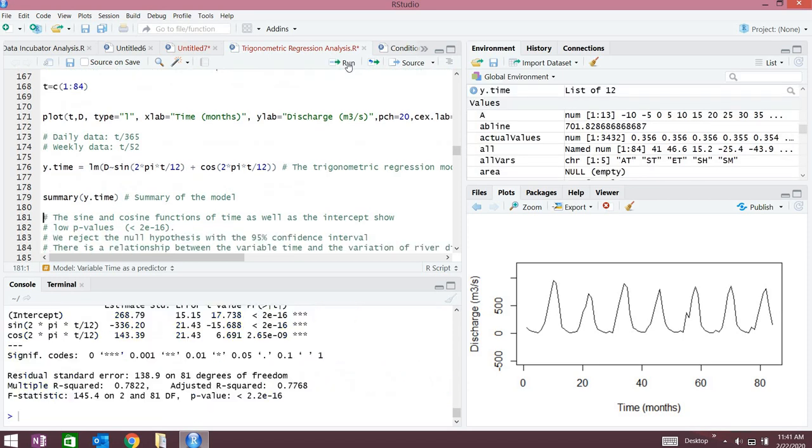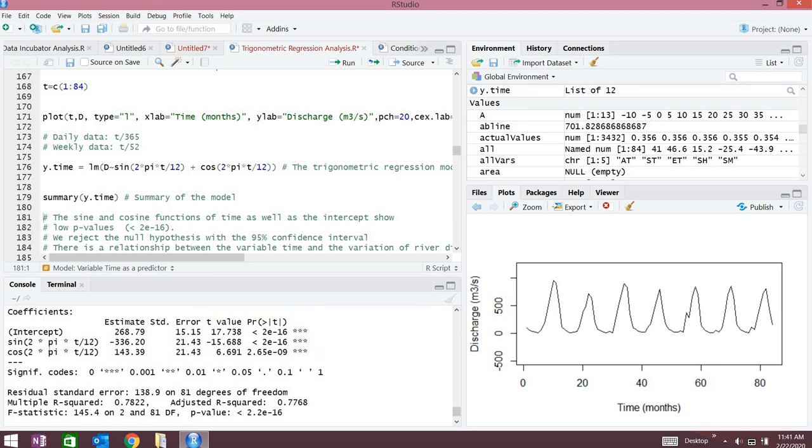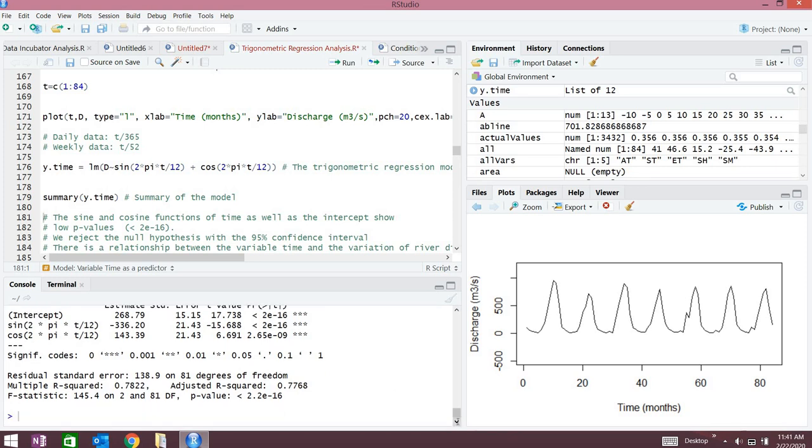and you have the summary of y.time. So the sine function and the cosine function are both significant with their p-values. Everything is fine in terms of significance, and the model explains 77.68% of the variation of river discharge, so pretty high. But we need to go more than that, take the residual of this as the variable time itself.